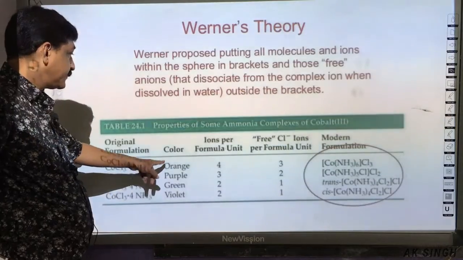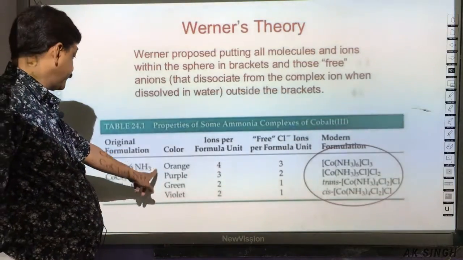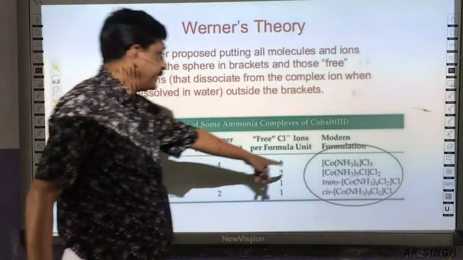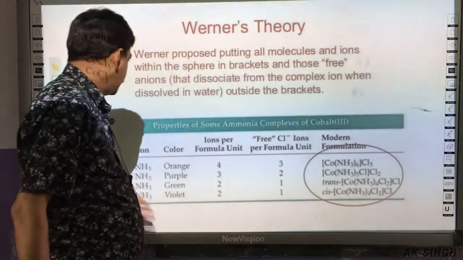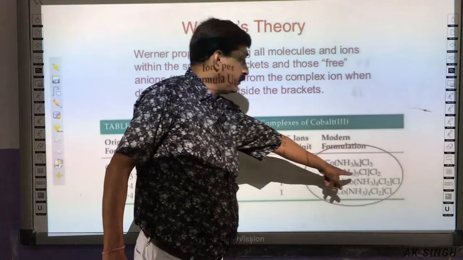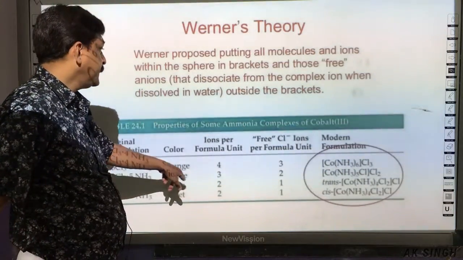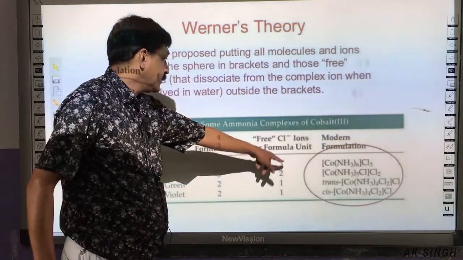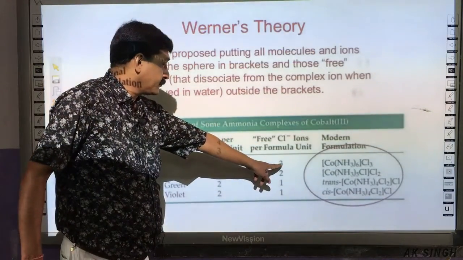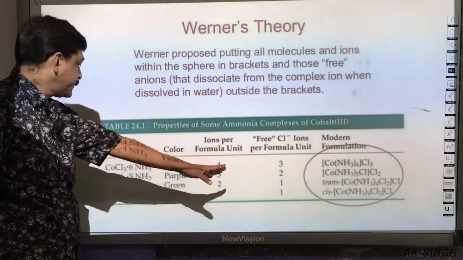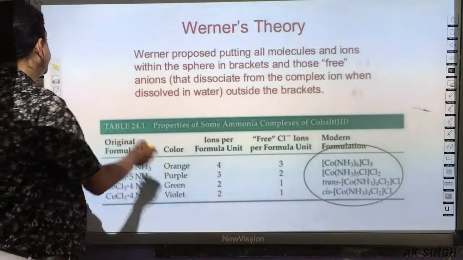Depending on this, the color is also different. This one is orange, having this formula. Again, in this example, the number of free chloride ions changes from 3 to 2, 1 and so on, and with this change, the color also changes.